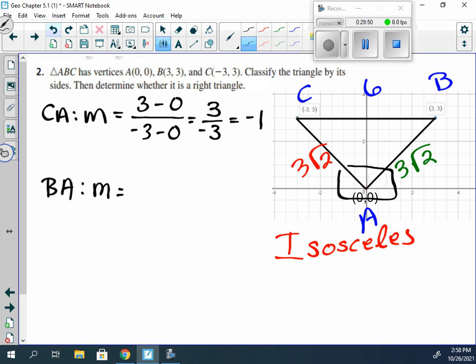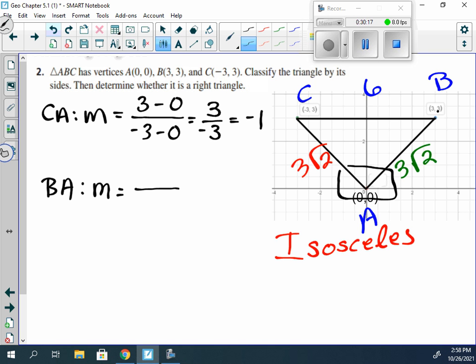Now, if we're wanting the slopes to be perpendicular, it's the opposite reciprocal. Since the one slope is negative, the other is going to be positive. And if we flip it, 1 flipped would be 1 over 1, and 1 divided by 1 is 1. So if these are going to have opposite reciprocal slopes, the other slope must be positive 1.